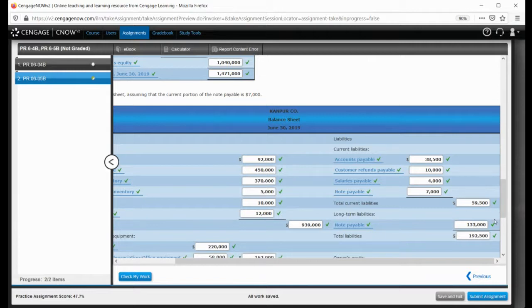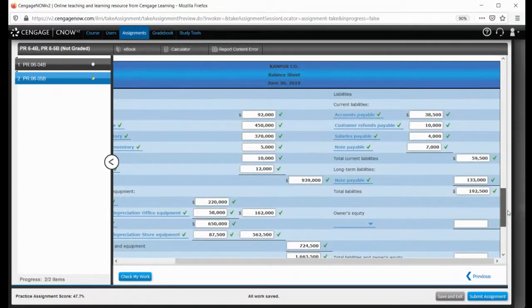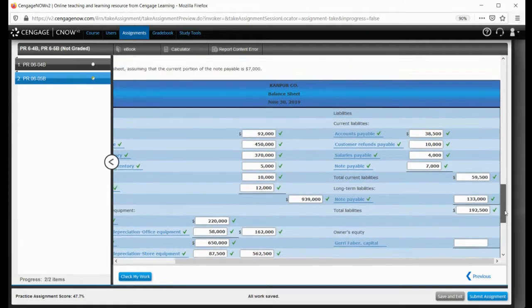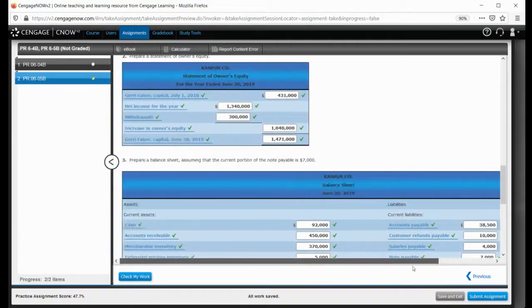Your current liabilities plus your long-term liabilities are your total liabilities. In the next part of the balance sheet, we're going to list our owner's equity, and we're going to call it the owner's name and the capital account. The amount of that owner's equity is going to come from the statement of owner's equity.